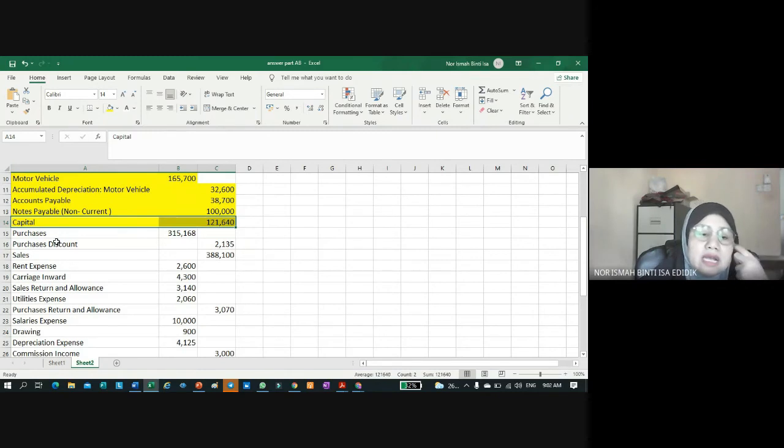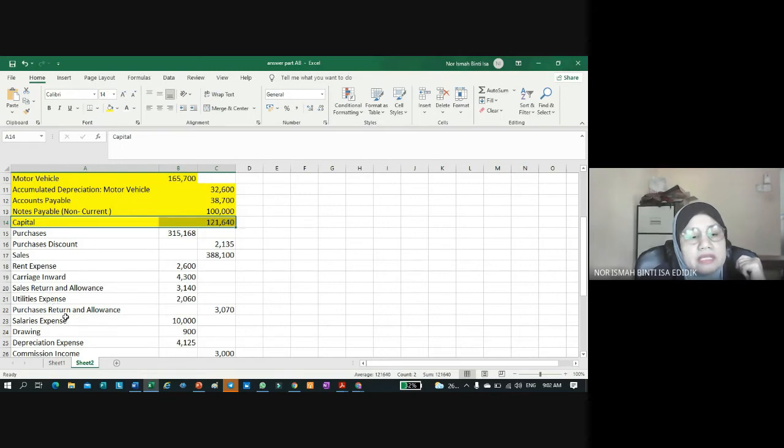Purchases is an expense and goes into the statement of profit and loss. Purchase discount is a contra for purchases, so it goes here. Sales, revenue, rent expense, carriage. Carriage inward is the transportation related to the purchases, and this goes into the purchases cost. Sales return allowance is a contra to the sales.